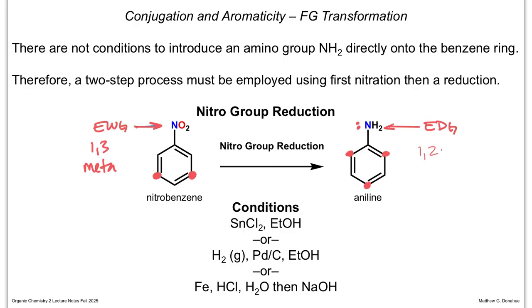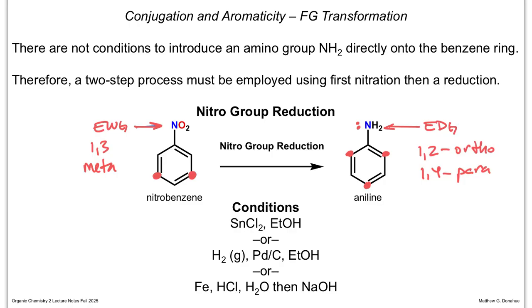A 1,2 is called ortho. And a 1,4 is called para. So those are the terms used as directors. Whether the functional group's withdrawing, it's a meta director. If it's donating, it's an ortho para director.